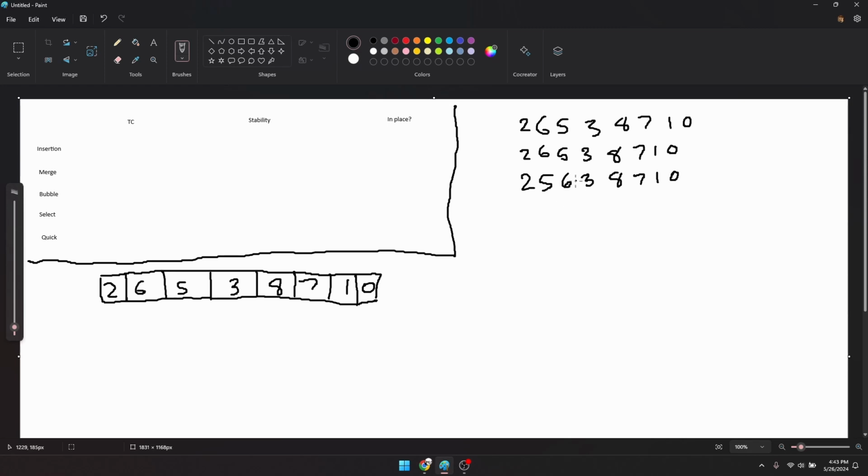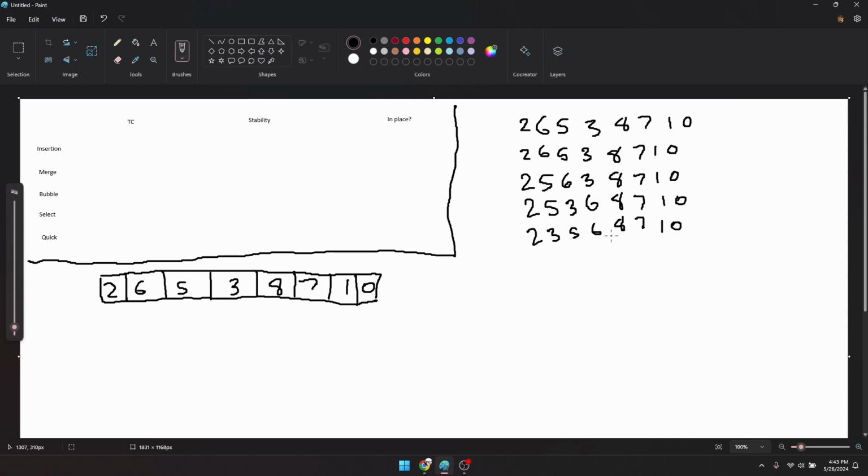And we can move on to the next iteration. In this next iteration, we see that 3 is less than its left neighbor. So we are going to move 3 over 1. We once again see that 3 is less than its left neighbor, so we're going to move 3 over one more time. And now we see that 3 is larger than its left neighbor, so we can stop this iteration here.